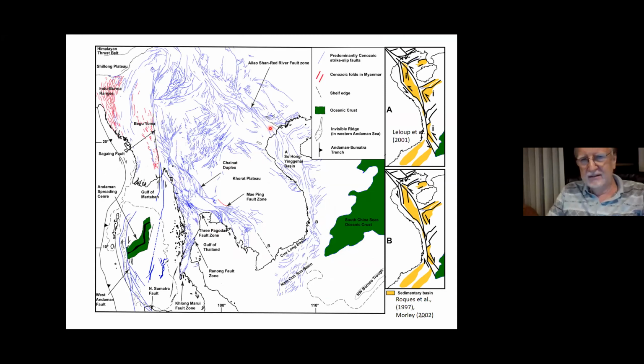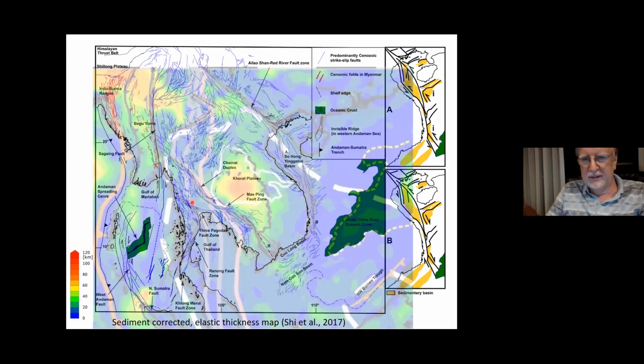Stepping out a bit and looking at the fault patterns in Southeast Asia as a whole, we see the Cenozoic strike slip and extensional faults on this map. And these are some regions where there are low angle normal faults affecting the rifts. And then I'll put this map, which is an elastic thickness map of the lithosphere, corrected for sediment.